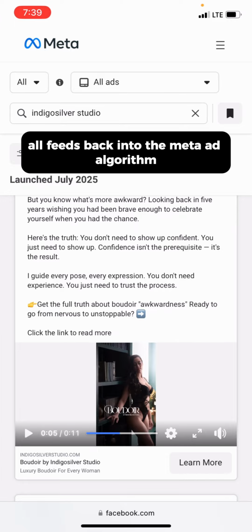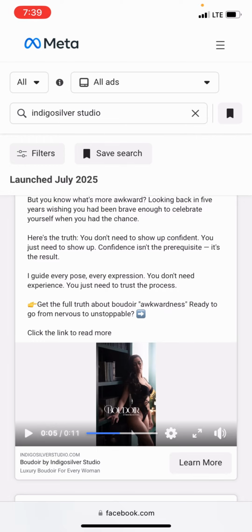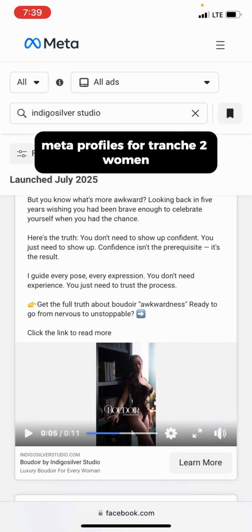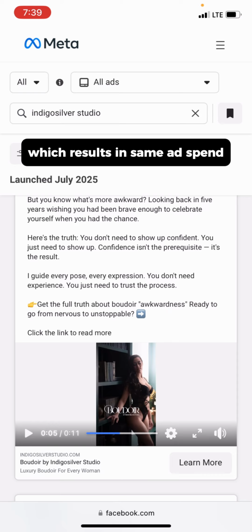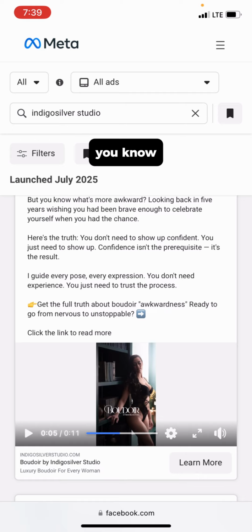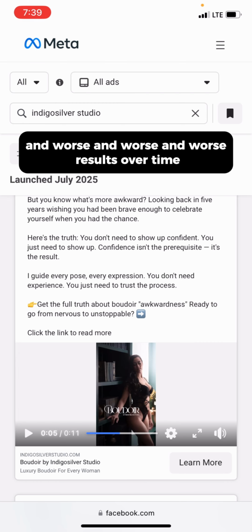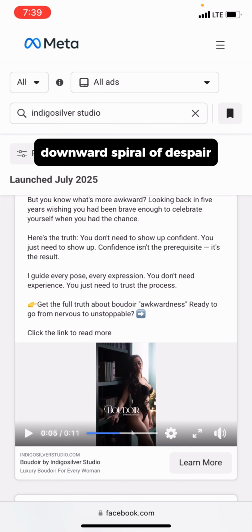All feeds back into the Meta ad algorithm, results in our ads going to worse quality Meta profiles for tranche 2 women, which results in same ad spend, lower results over time. Our ads going through the downward spiral of despair already. Same ad spend, worse and worse and worse results over time, keeps feeding into each other, downward spiral of despair, can't get out of it.